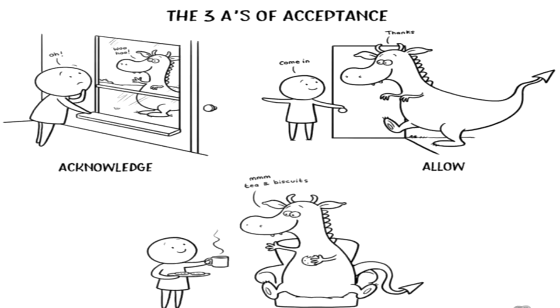ACT teaches that struggling with thoughts often makes them stronger. That is, instead of avoiding something, you can challenge and face your fears. Instead of trying to eliminate negative thoughts, ACT focuses on acceptance, psychological flexibility, and value-based actions.